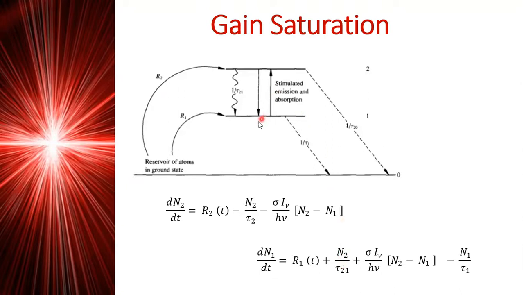And then we have the stimulated emission, positive, because now the stimulated emission from E2 to E1 adds positively to E1, while the absorption from E1 to E2 adds negatively to E1. And finally, we have the spontaneous emission from E1 to E0, which is N1/τ1. So these two equations are considered the main two rate equations for the three-level laser.